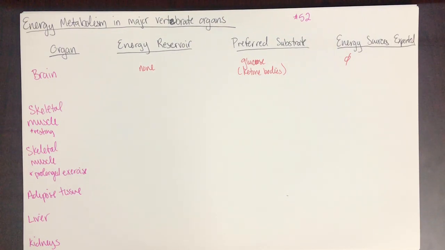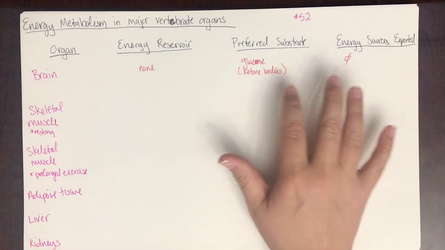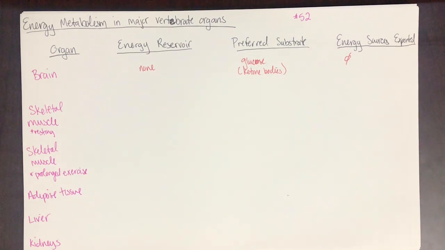It uses a lot of the glucose to make ATP, and it needs that ATP to power the potassium-sodium ATPase action for transmission of nerve impulses. So the brain requires a lot of oxygen, and it uses a lot of the ATP. And again, we'll talk more about ketone bodies when we talk about proteins later.